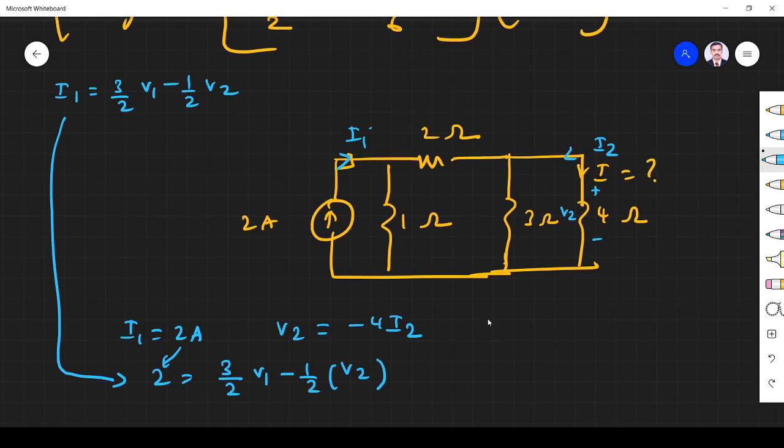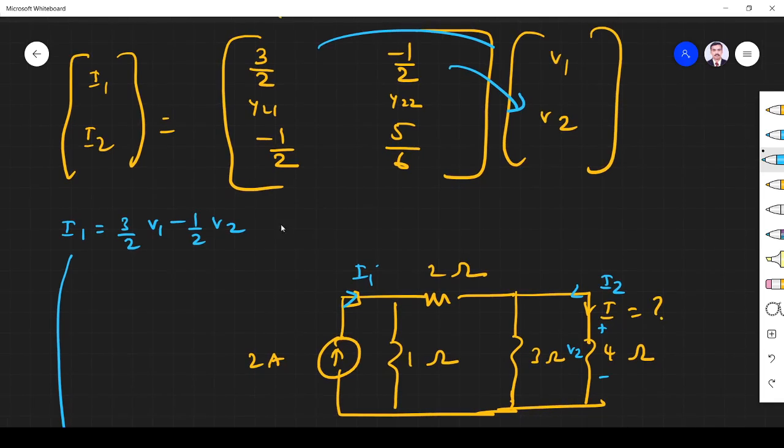Now we have one more equation. From the second part, I2 is equal to minus 1 by 2 V1 plus 5 by 6 V2.